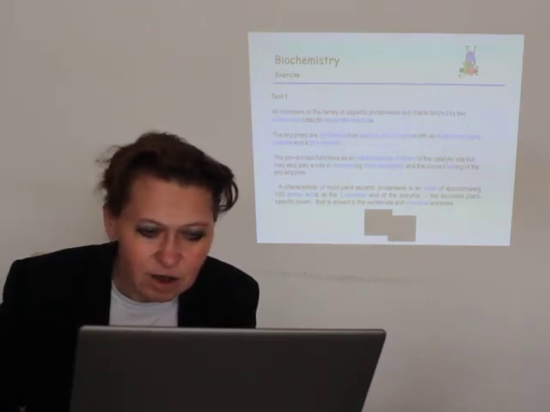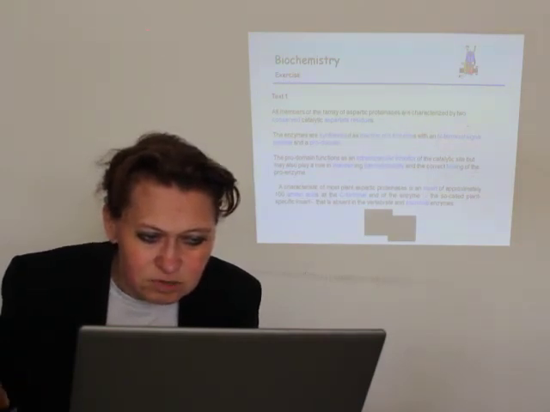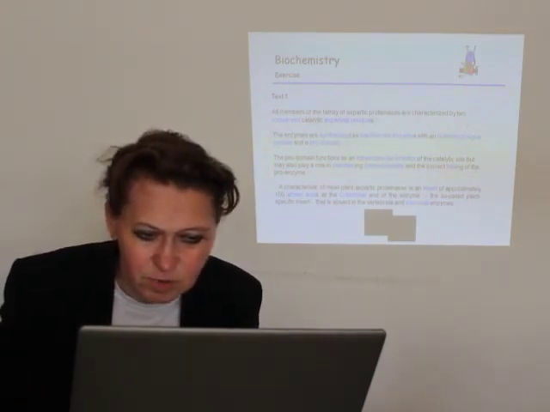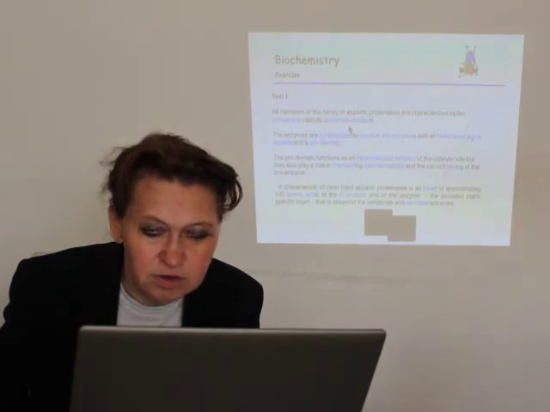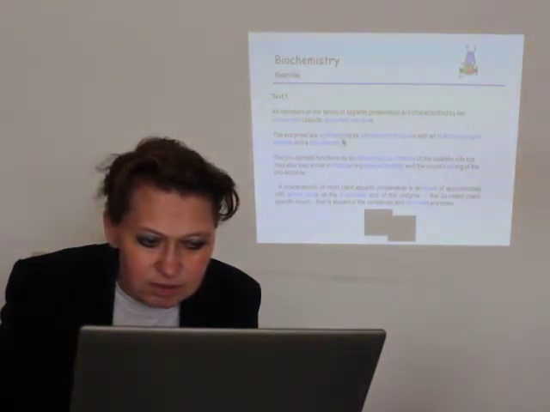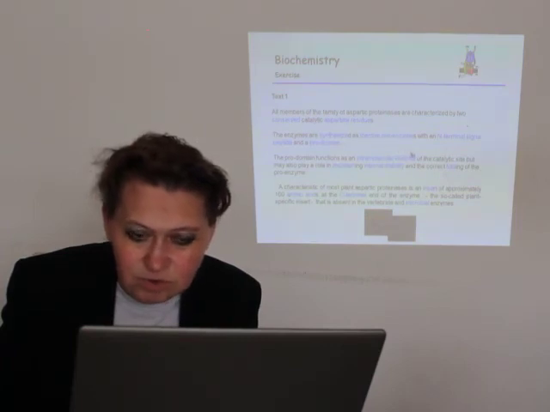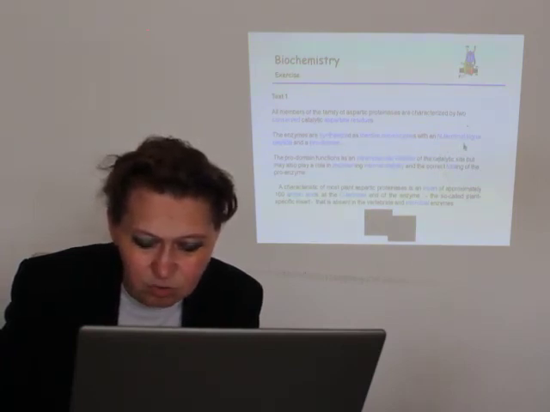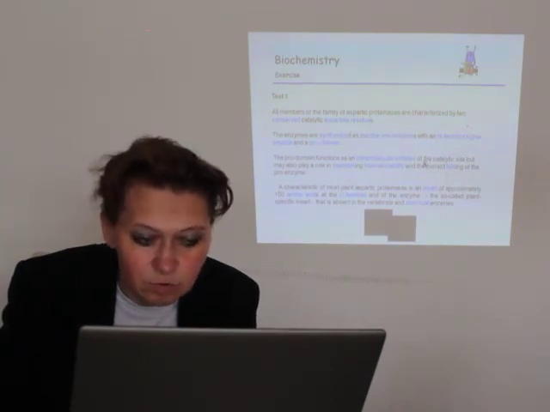And I think I'll read this. All members of the family of aspartic proteinases are characterized by two conserved catalytic aspartate residues. The enzymes are synthesized as inactive proenzymes with an N-terminal signal peptide and a prodomain.